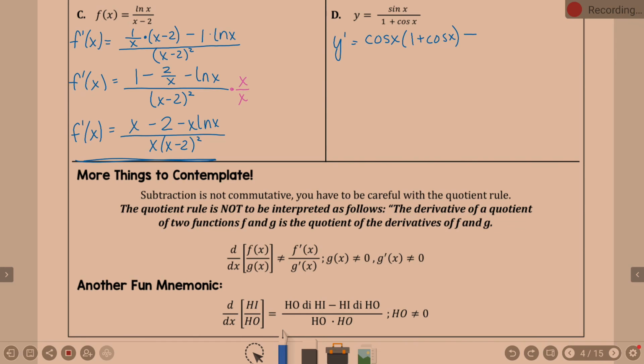Derivative of 1 plus cosine x. Yeah, negative sine x times the numerator sine x, all over 1 plus cosine x quantity squared.